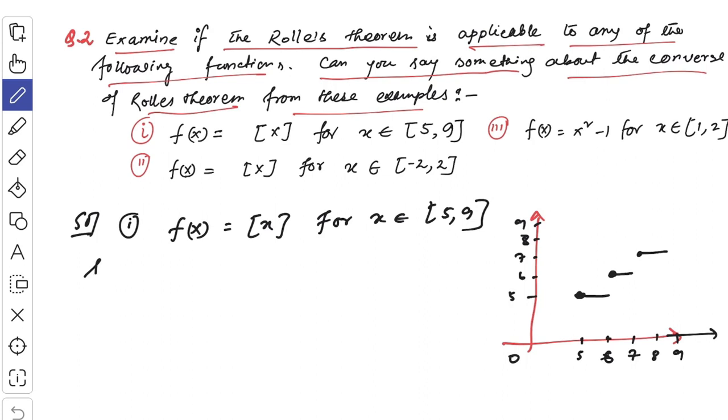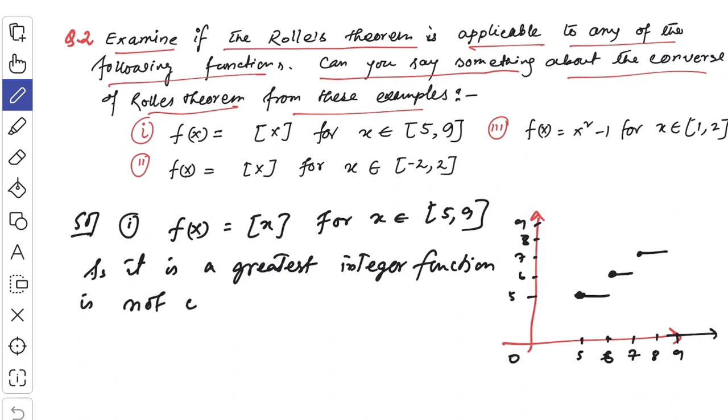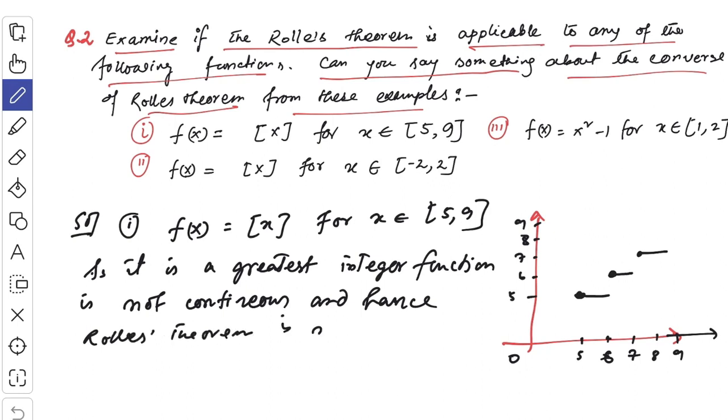So you can simply write that it is the greatest integer function, it is not continuous, and hence, as you can see, it is not continuous, so Rolle's theorem is not applicable.